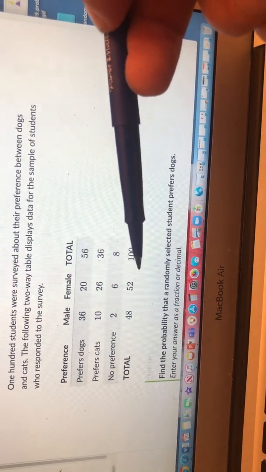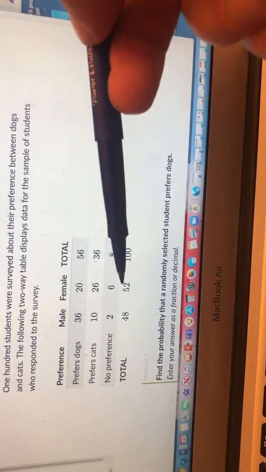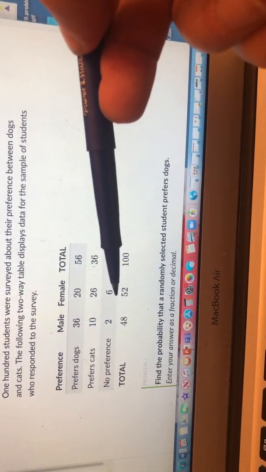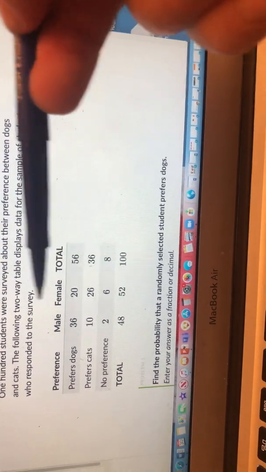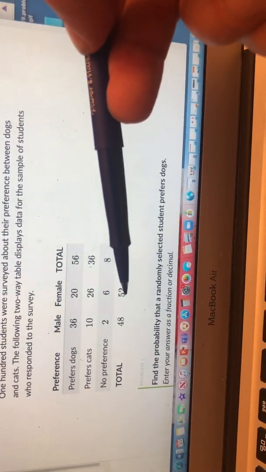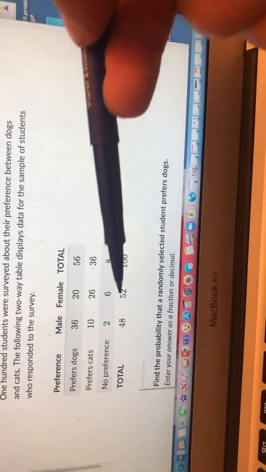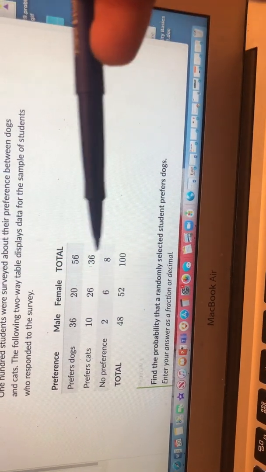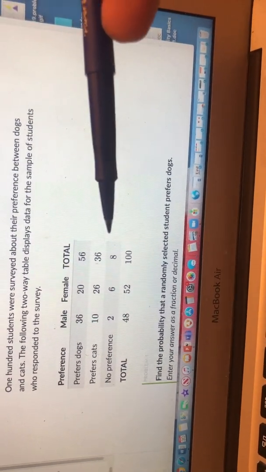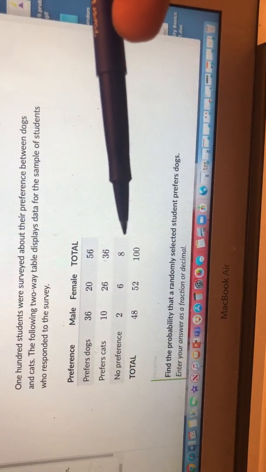I could say, what's the probability that someone was a male or a female? Well, those don't overlap. You can't be a male the same time you're a female. So add these two together, there's 100. 100 out of 100. There's a 100% chance we pick somebody that was male or female.